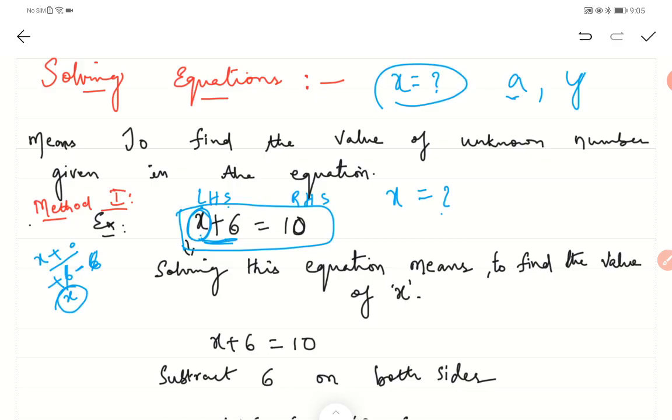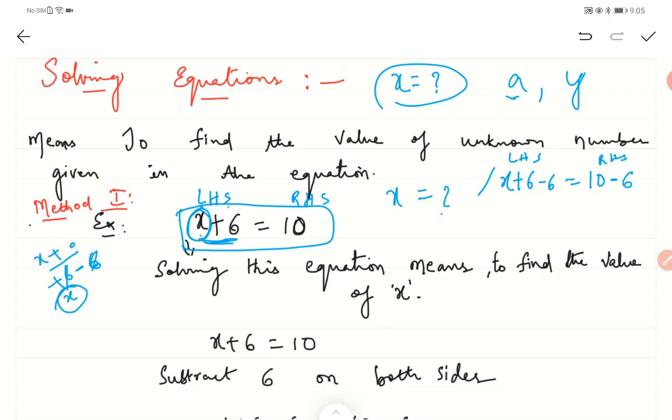Obviously you need to subtract the same number on the RHS side too. If you just subtract on the LHS side and do whatever you want, it will not be correct, isn't it? You are directly changing your equation, so obviously you need to subtract 6 here also.